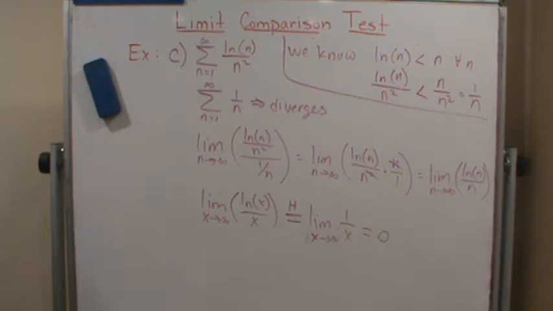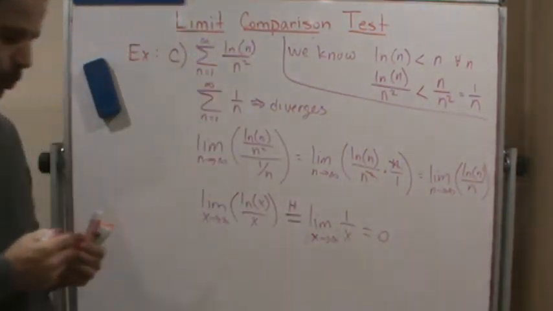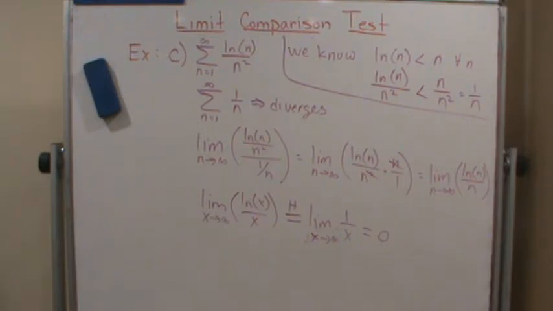Okay, so my suspicions were correct. Now, here's the thing. Since it goes to 0, what does that say about our case? Remember, we want to make sure that we have things that are met, right? So this is the case 1 that I said, where the limit does equal 0. But here's the thing.